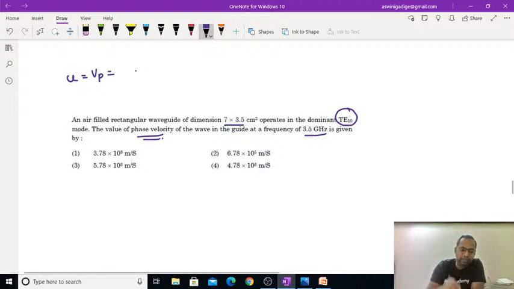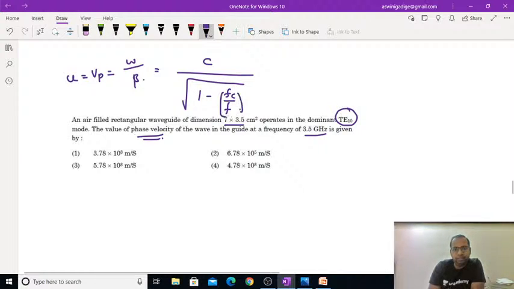Okay, so previously I gave you one formula for the phase velocity, that is omega divided by beta. And for the phase velocity one more formula is also there, that is C divided by root of 1 minus Fc divided by F whole square. Okay, it is the phase velocity formula. And the next one is the group velocity.